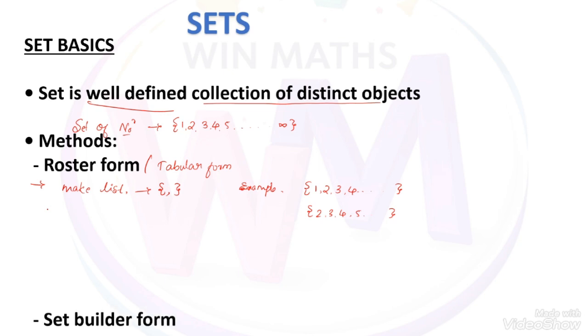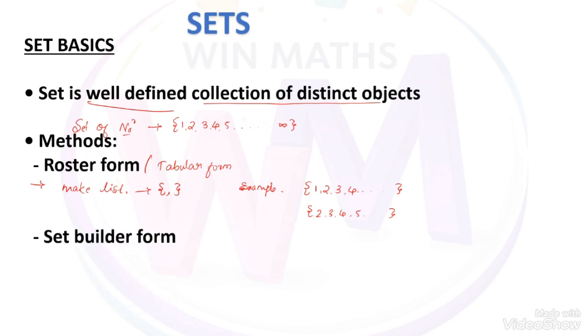Another method is set builder form. Set builder form means we have to make a rule for the elements. We make one simple rule for expressing all the elements in the set. The elements are represented by using a variable x.